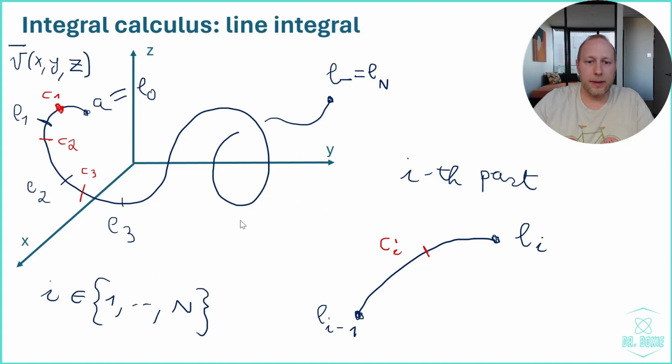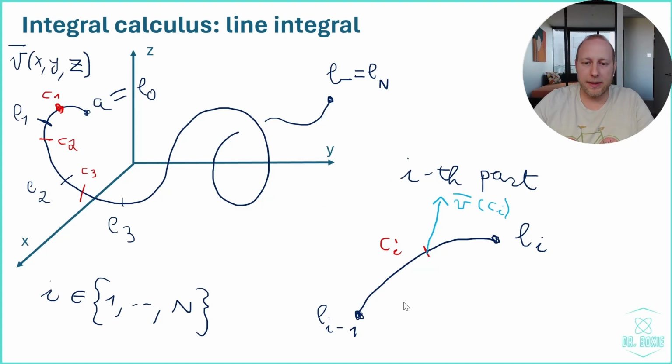Now we are dealing with a vector field, and that means that at the point Ci there is some vector. So let's say that it is this vector here, which is v of Ci.